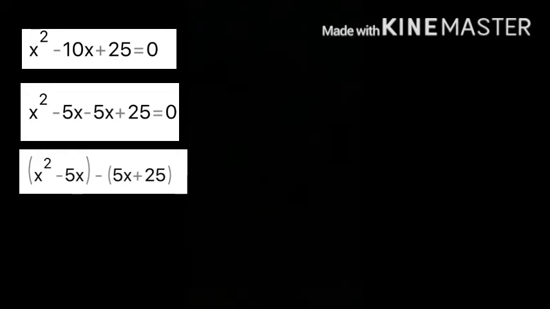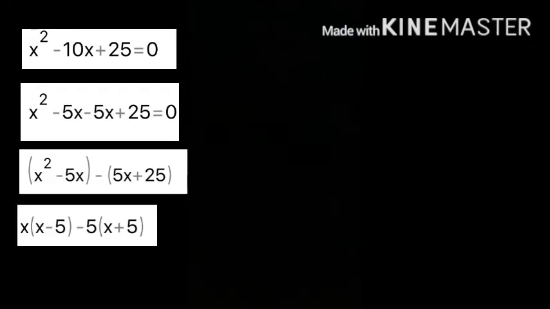Next we find the similar terms between the groups. The first group's similar term is x, since it's present in x squared and 5x. The second group's similar term is 5 because it's present in 5x and 25 is divisible by 5.